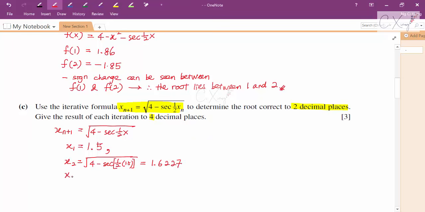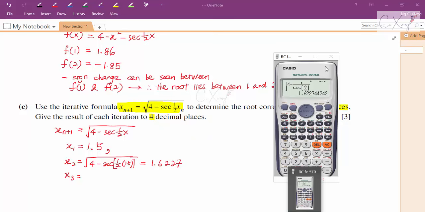All right, so I want to get the third value for x, the next iteration value, where I will now key in 1.6227. I will insert this value of x into the iteration formula again. So let's have a look at the calculator again. Just now we already got 1.6227, right? So I want to continue the calculation.